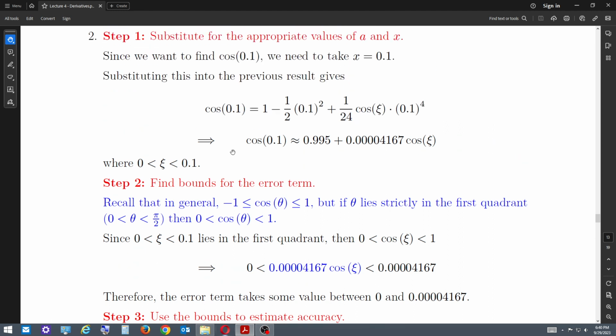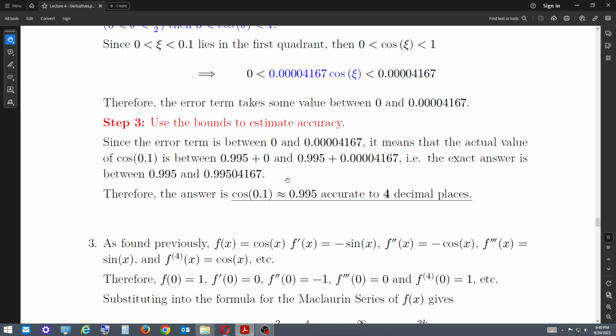The actual answer meaning what are the possible values that cos of 0.1 could be. So cos of 0.1 is going to be some value between these two numbers. Notice that if I compare these, the first 4 digits, 0.9950, there's a 0 after this, I have a 0.9950 here as well.